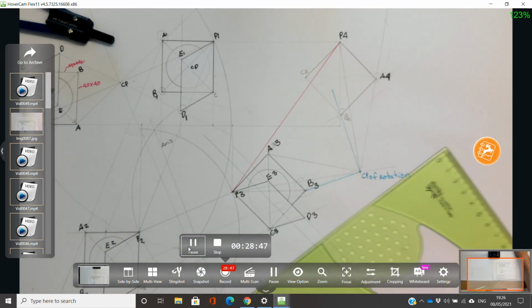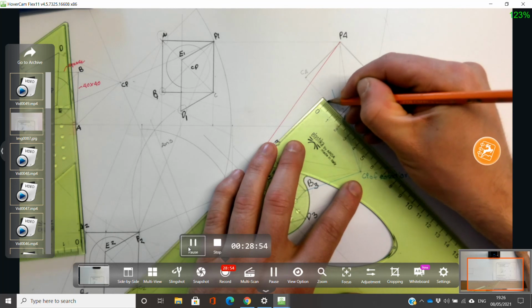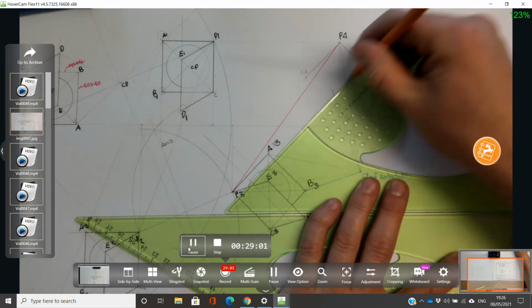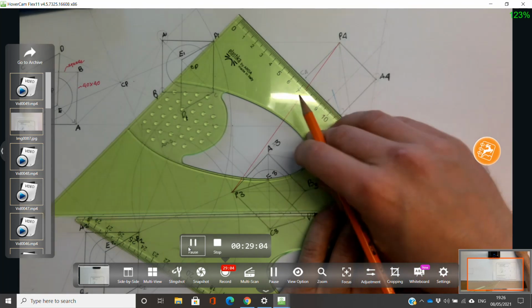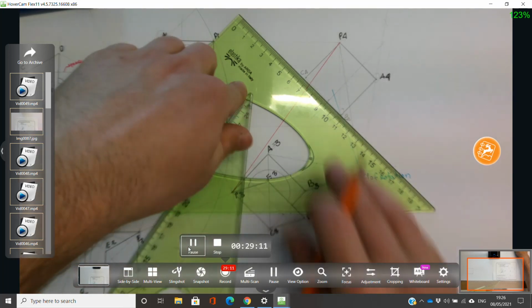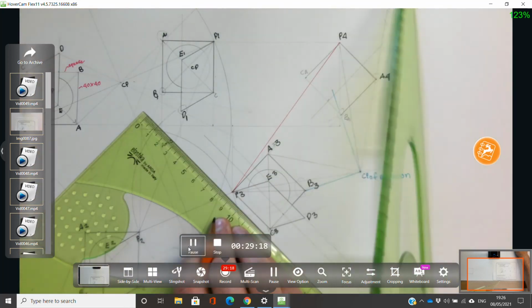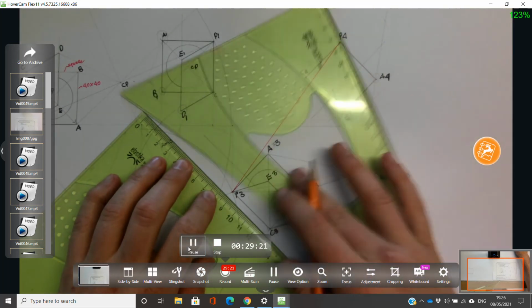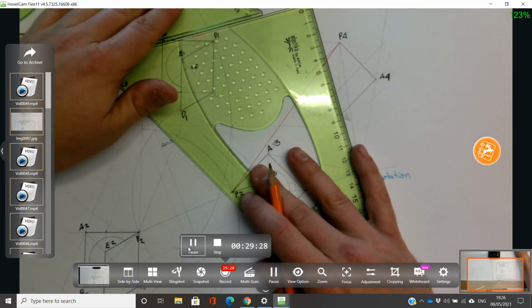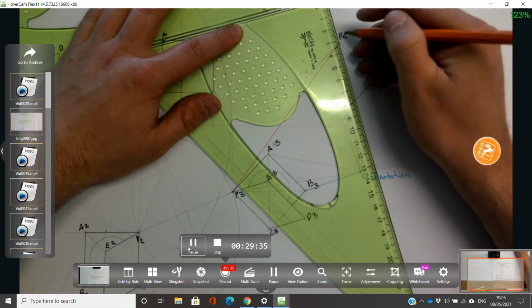Now, here, point D will be along here, 15 millimeters from B. And we know we have to draw a 30-degree line from P. So a 30-degree line from point P and C.